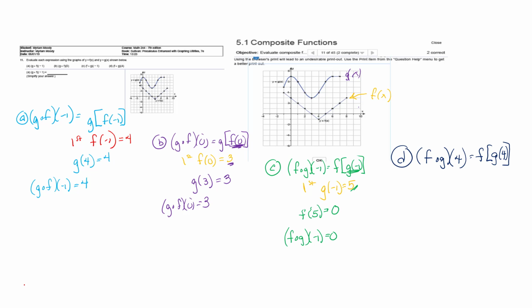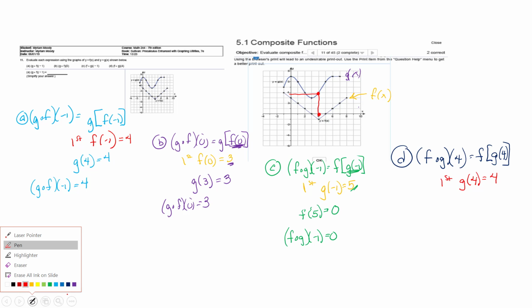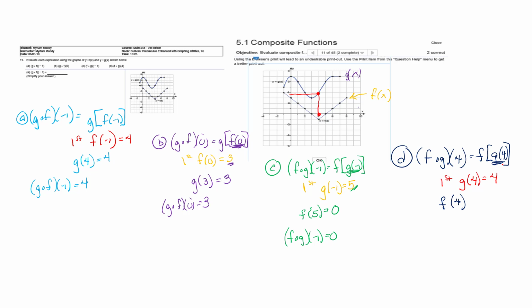Again, first things first. First thing we need to figure out is G of 4. So, 4 is my X, and I go to the G function, which is up here. According to the G function, my Y value is 4. Which means I am now finding F of 4, because G of 4 is now just 4.